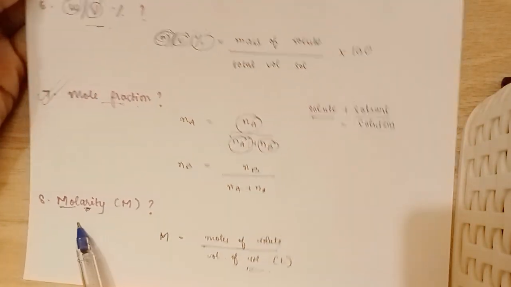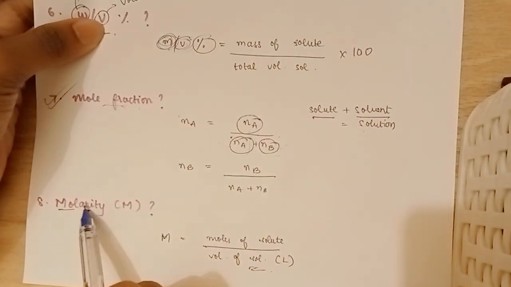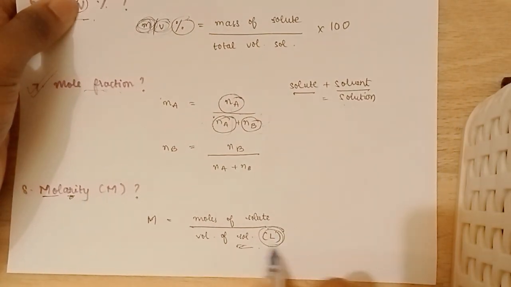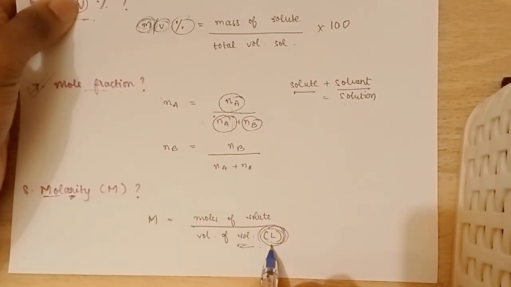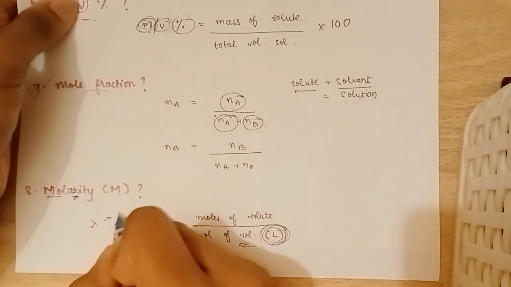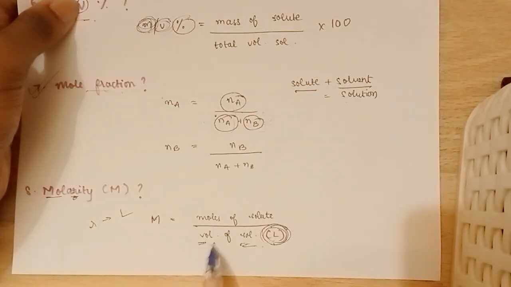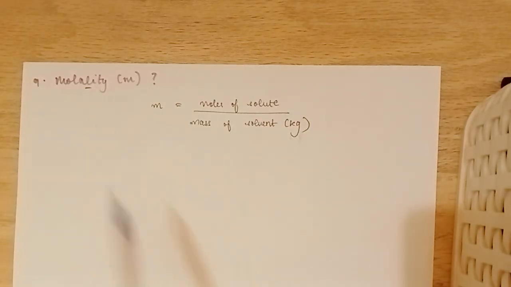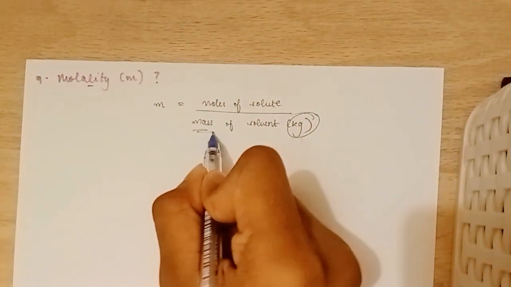Over here, when they ask for molarity, with R, always remember liter. R is equal to liter and volume. Liter will be counted as volume. So R is liter. And when you look here, molality with an L, it will always be kg or the mass.